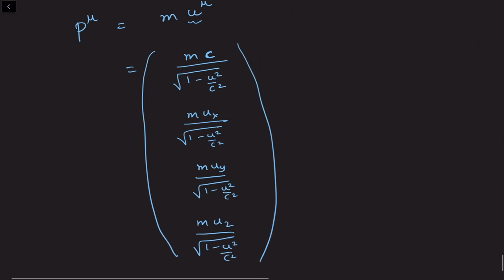So this is what we mean by the momentum 4-vector. These are the components of the momentum 4-vector.